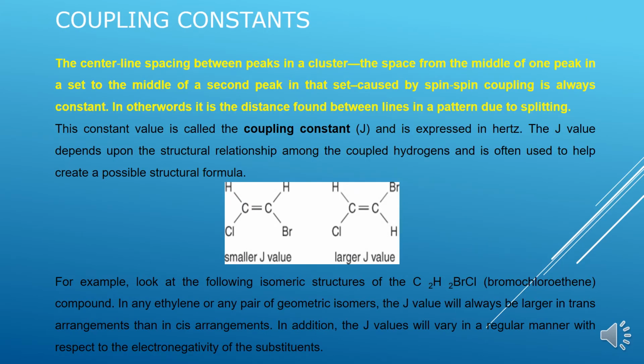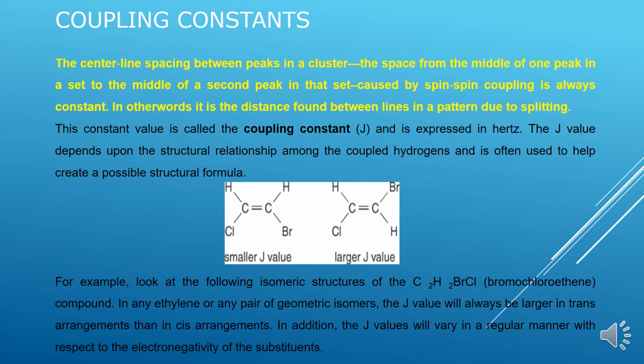Then let us go to the coupling constant. Coupling constant means the central line spacing between the peaks in the cluster. It is the space from the middle of one peak in a set to the middle of the second peak in that set, caused by the spin-spin coupling, and it is always a constant.